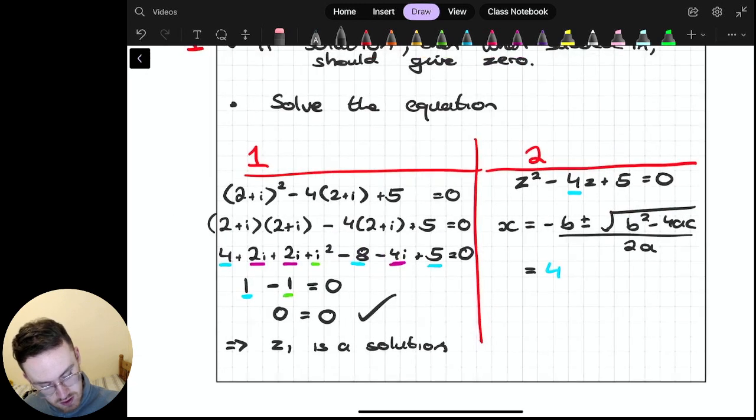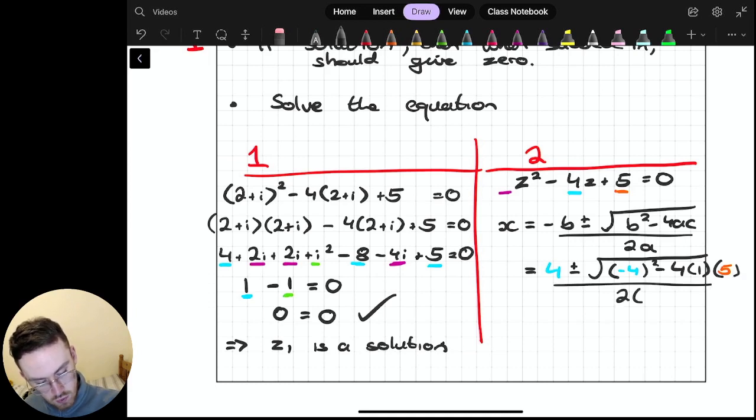Plus or minus the square root of minus 4 squared minus 4 by a, so a is just going to be 1, and c is going to be 5. And that's all over 2 by 1.